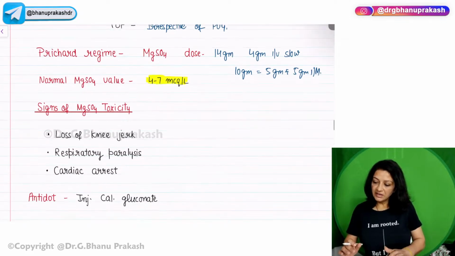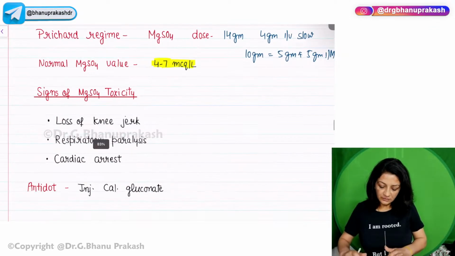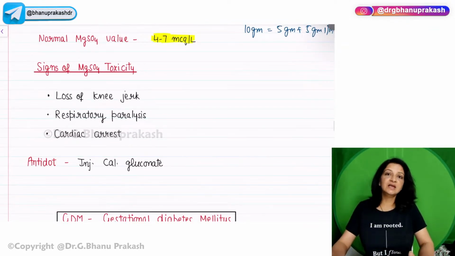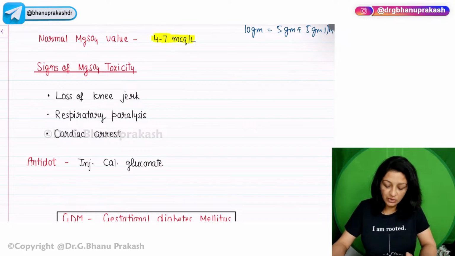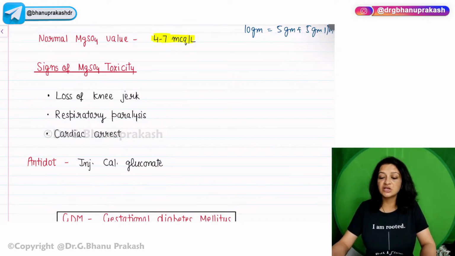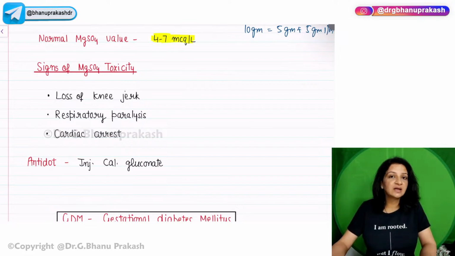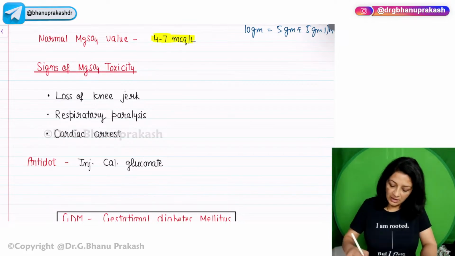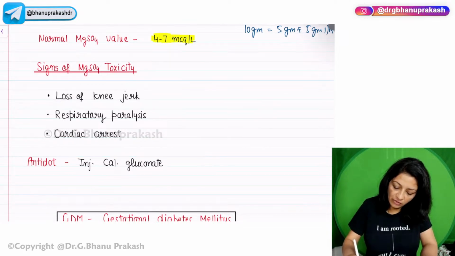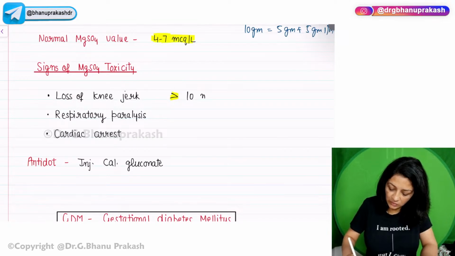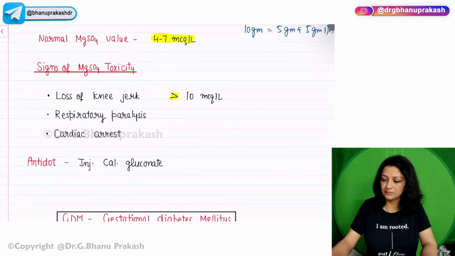जैसे हम magnesium sulfate देंगे, साथ ही साथ हम signs of magnesium toxicity चेक करेंगे कि पेशेंट को toxicity तो नहीं हो रही. So first जो हम चेक करेंगे, that is loss of knee jerks, if the value of magnesium sulfate is more than 10 milliequivalent per liter.